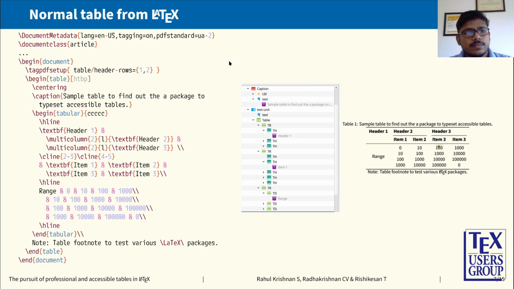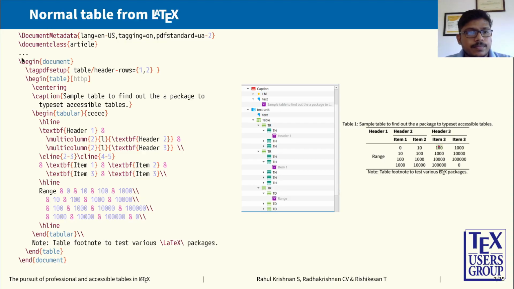And first of all, as I mentioned earlier, we need an accessible table. When we talk about accessible tables, the command DocumentMetadata should be there in every document. So I'm not going to teach or talk about the document metadata because Ulrich and Frank are here. They will give an excellent talk. So I'm not going to do that.